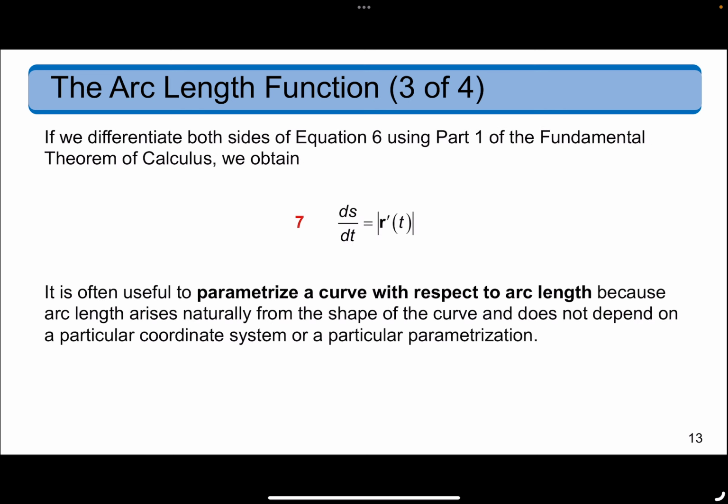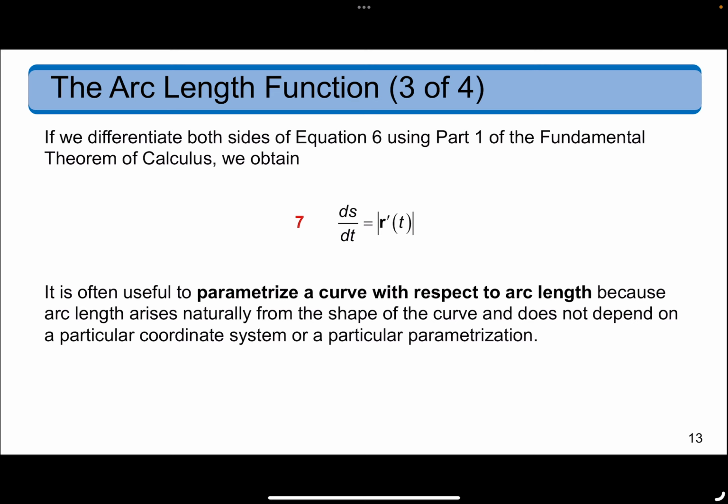If we differentiate both sides of equation 6 using part 1 of the fundamental theorem of calculus, we obtain ds over dt is equal to the magnitude of r prime of t.